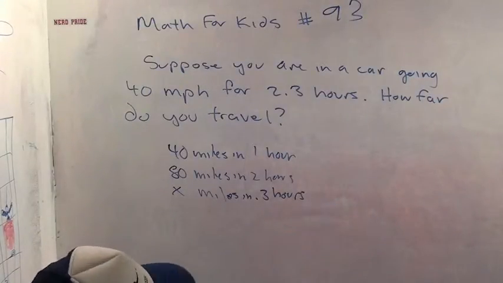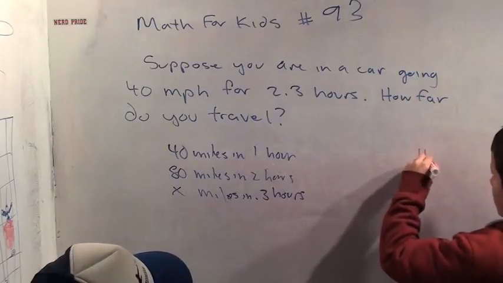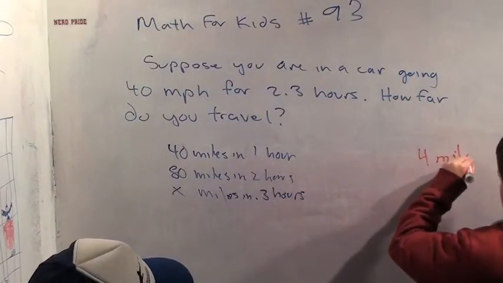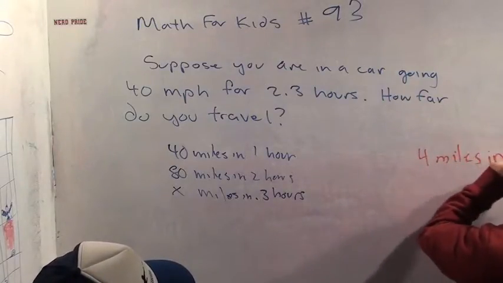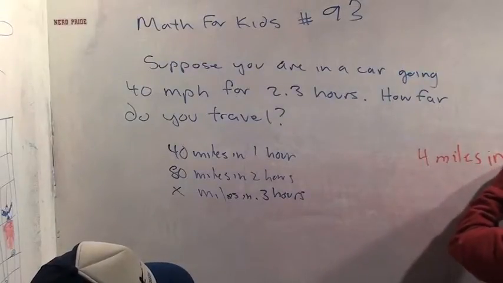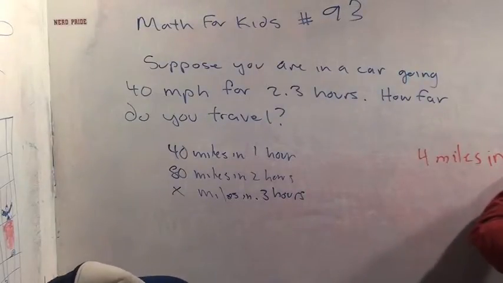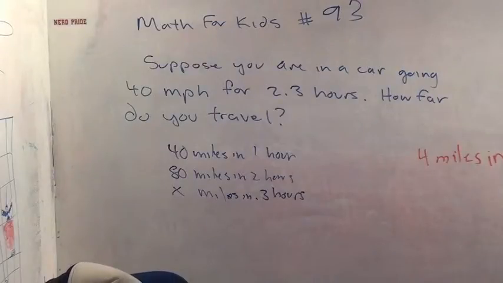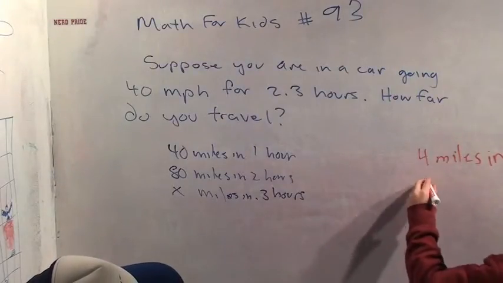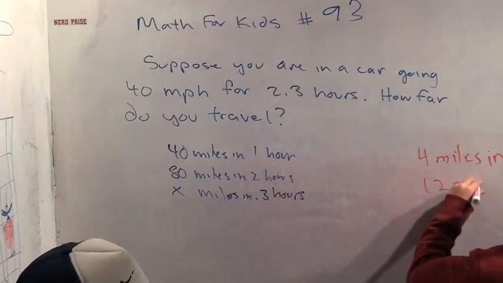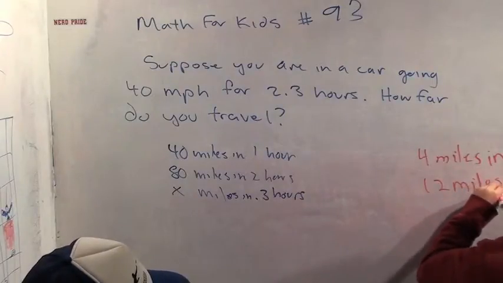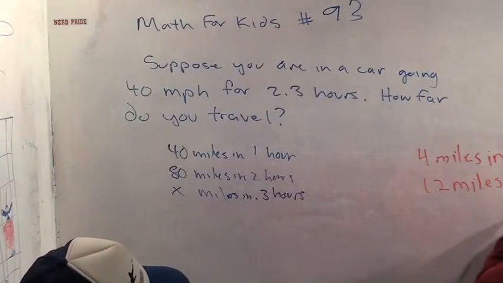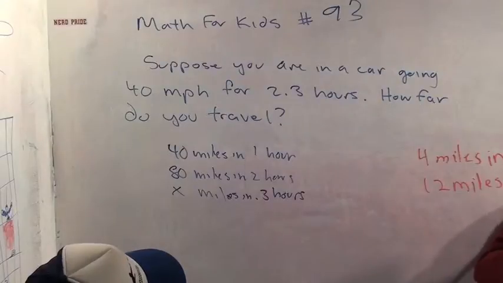Okay, why don't you write that? Okay, you go 4 miles in 0.1 hours. So we have to multiply by 3. 12 miles in 0.3 hours.